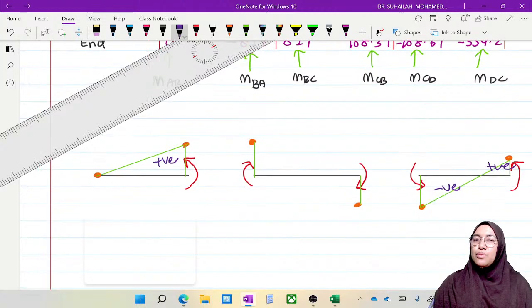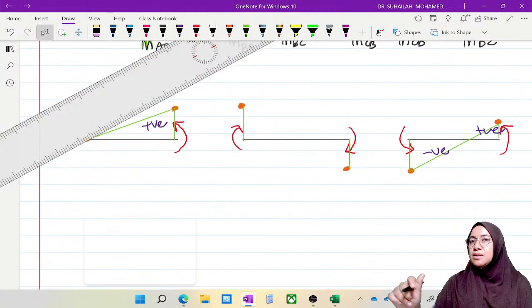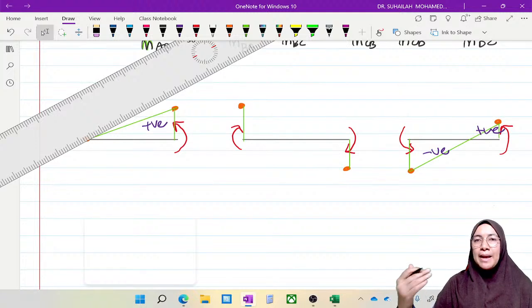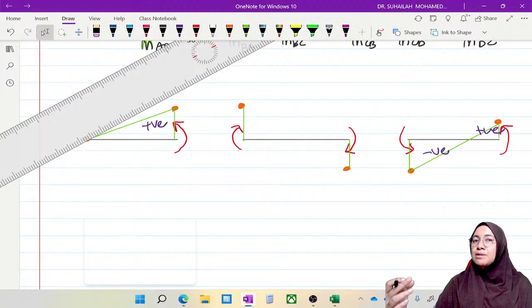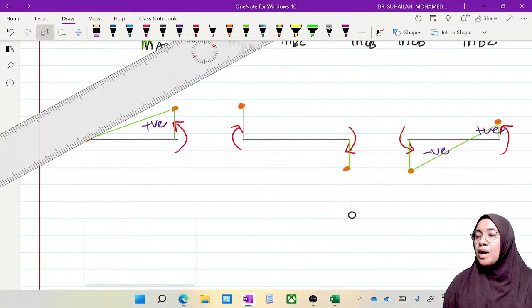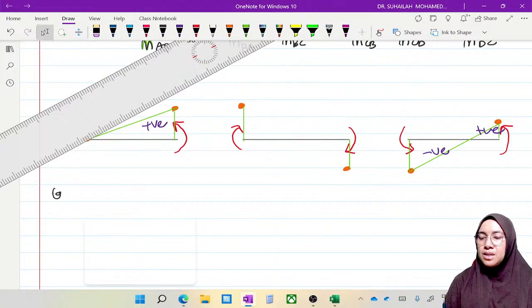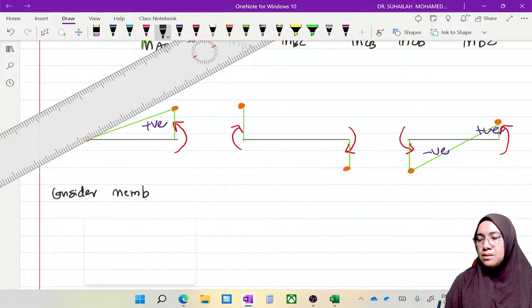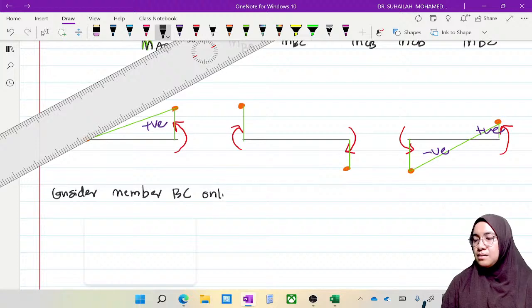Now we want to identify the salient point in the bending moment diagram for member BC, so we need to consider member BC only.